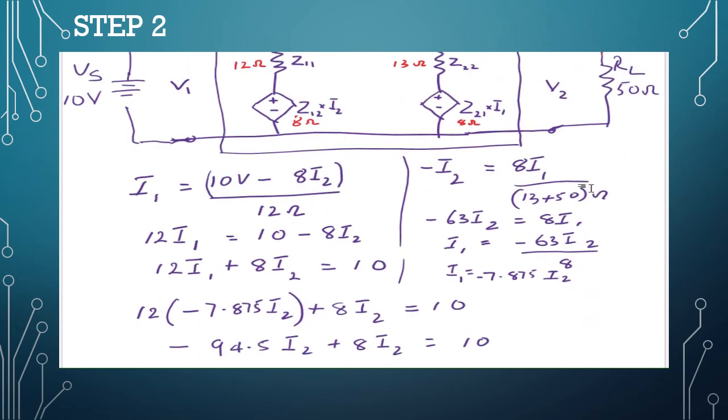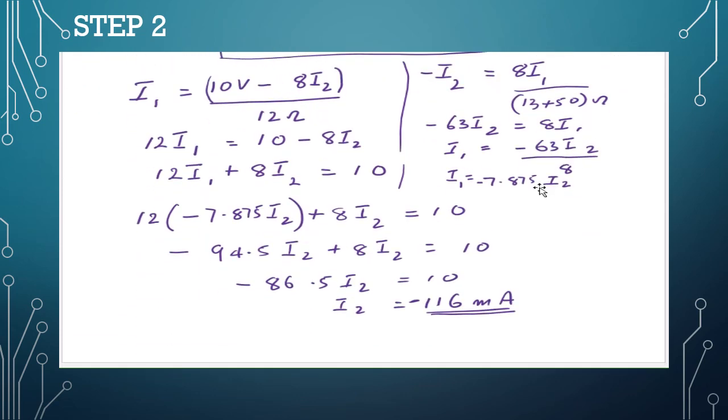And then we found what I1 is in terms of I2. And then we used that value for I1 to substitute it in this equation so that we have all I2s, and then we solved for I2, and we got a value of negative 116 milliamps.